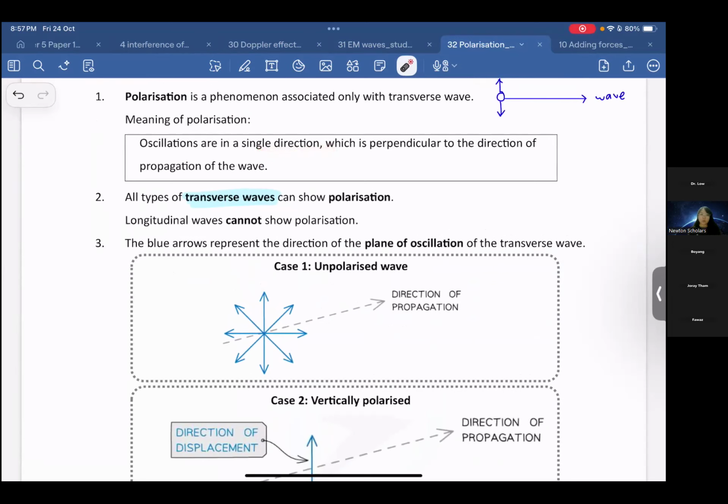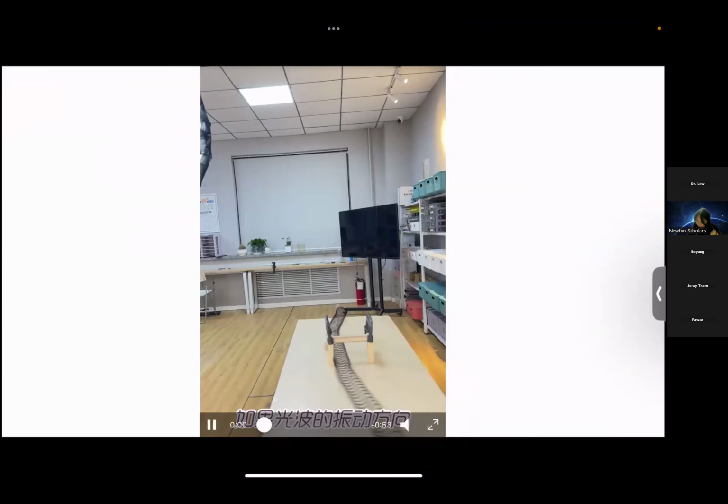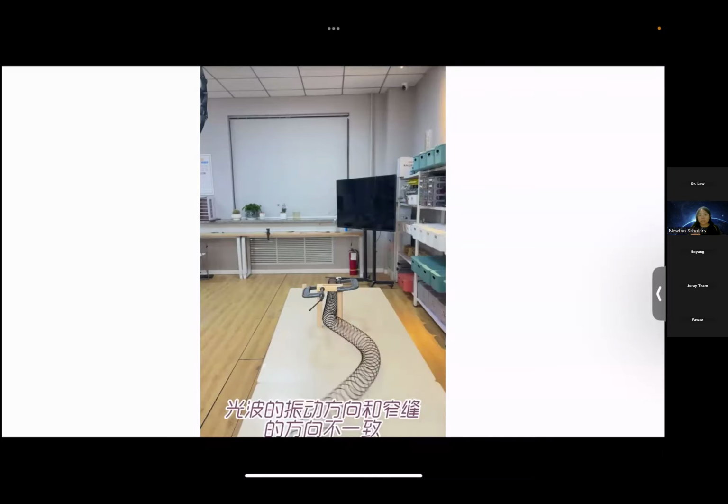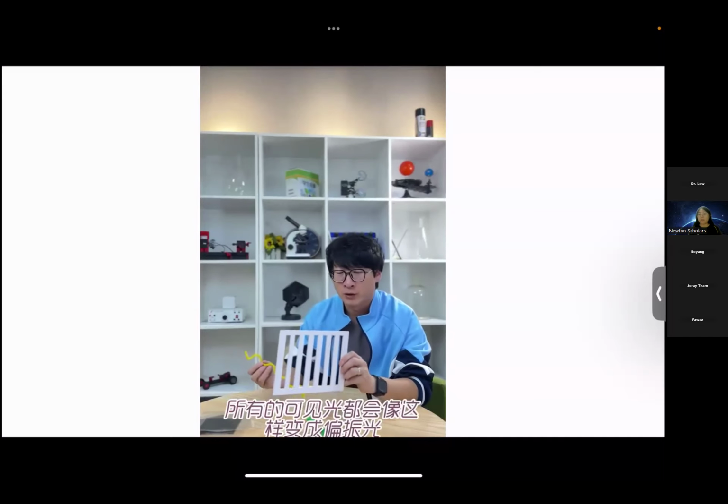Okay, let me show you. This one, you see, polarized. So this is a transverse wave. If the way you shake is the same direction as the polarizer, then it can pass through. If this one is vertical but you shake in the horizontal, it cannot pass through.